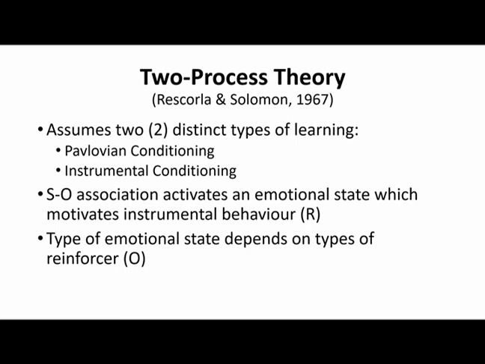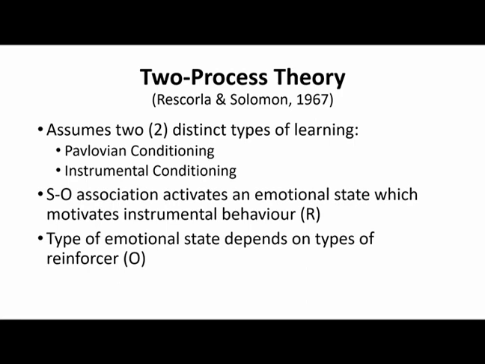But the idea is that during instrumental conditioning, you have certain stimuli, S's, that are present when the response is reinforced. So when a particular outcome or reinforcer is delivered, our O component, an SO association comes to form through Pavlovian conditioning. It's kind of like a CS-US association, but not quite.